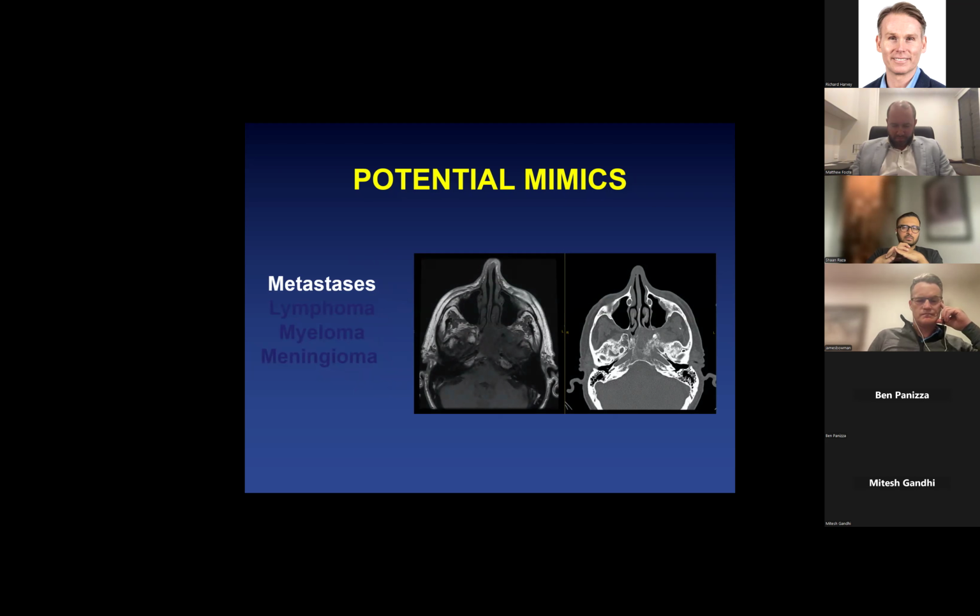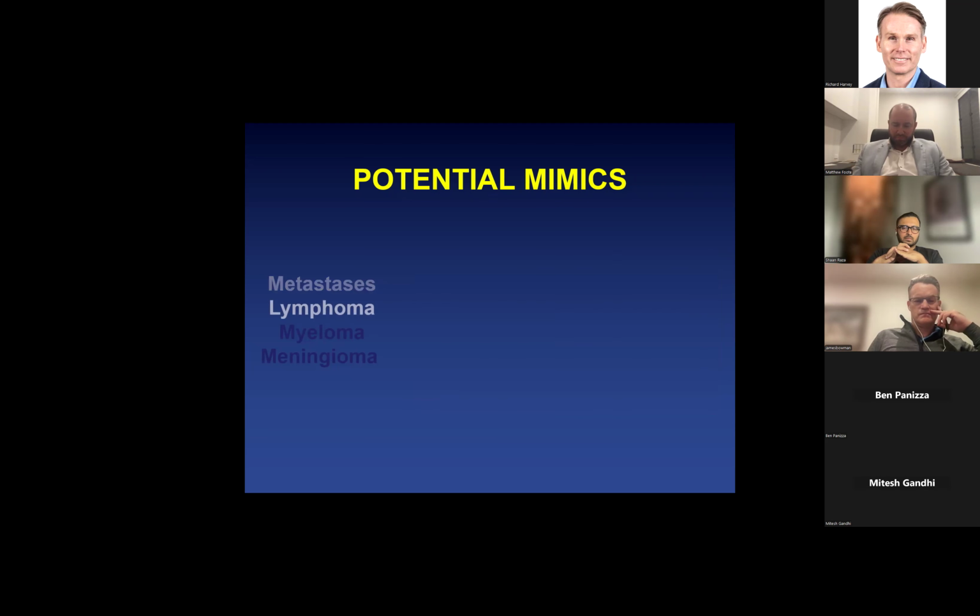On the left-hand image, you can see a T1 weighted slice, and this shows that the normal bright signal within the clivus that's caused by fat within the bone marrow has been replaced. And on CT, this lesion has a mixed lytic sclerotic appearance.